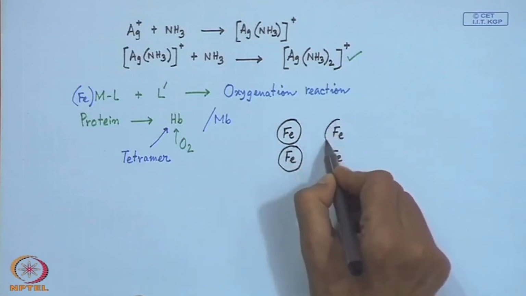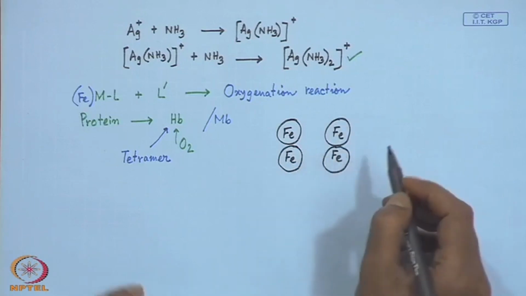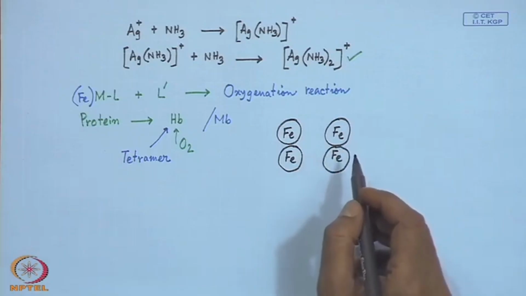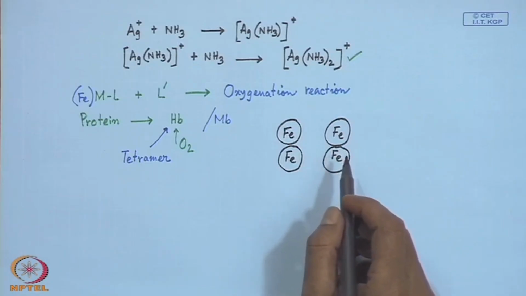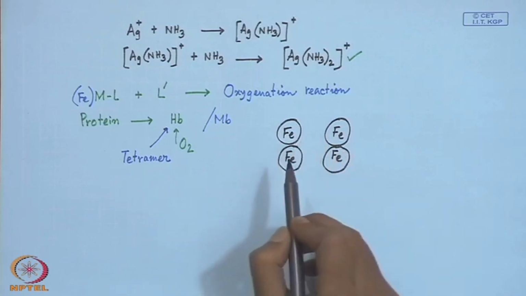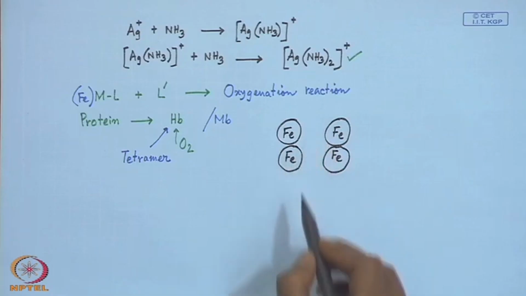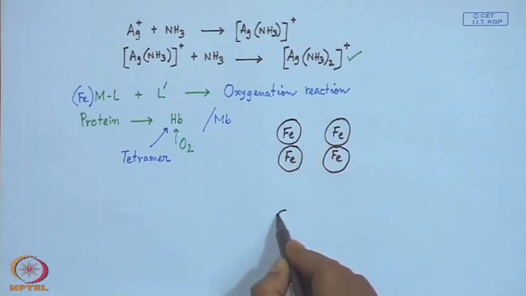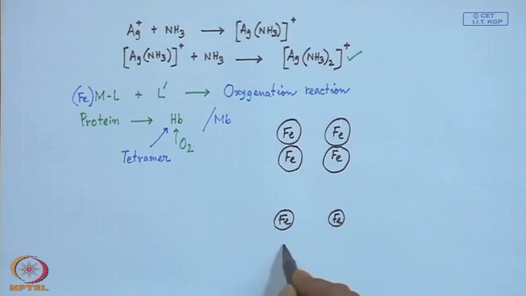So, it has some quaternary structure. The quaternary protein structure of hemoglobin tells us that it has 4 iron centers, and all those 4 iron centers can be utilized for binding of oxygen.